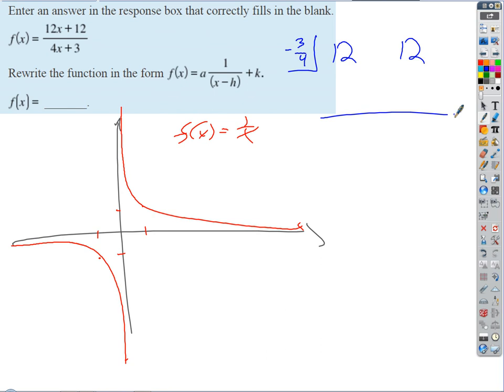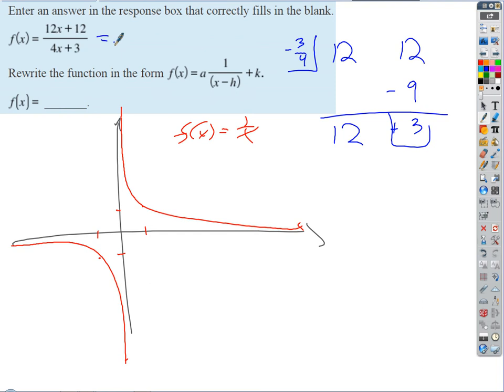If I bring the 12 down, what's negative 3/4 times 12? Negative 9. Plus 12 is positive 3, our remainder. Okay. So then what does this tell us down here? That this is equal to?